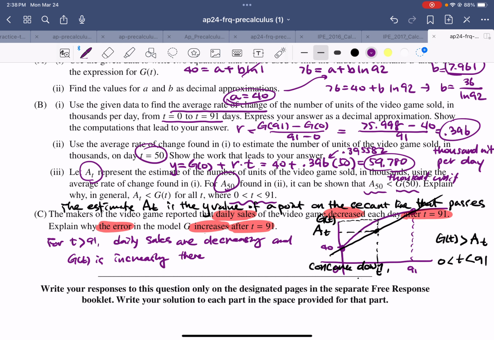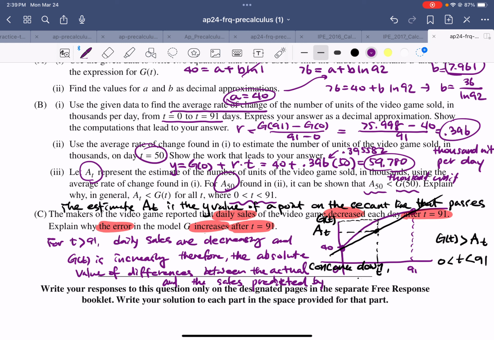Therefore, the absolute value of the difference between the actual sales and the sales predicted by g of t is increasing.